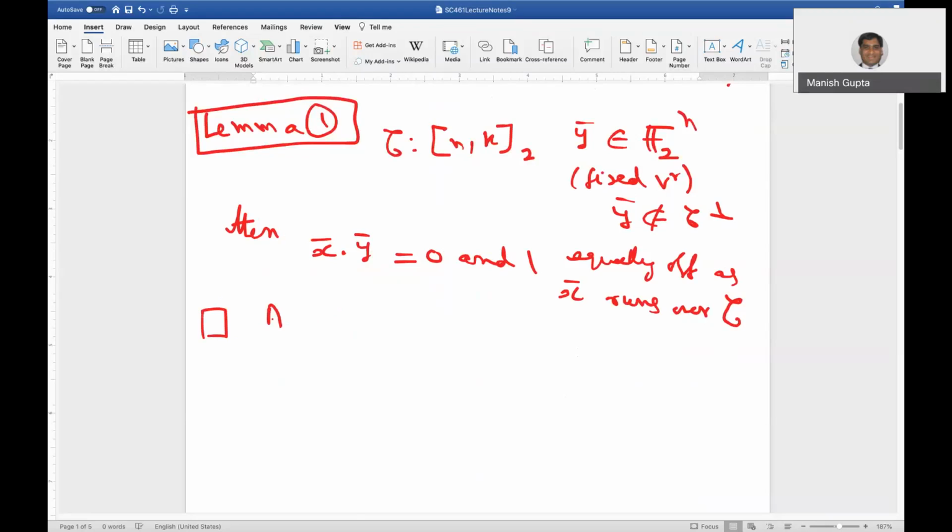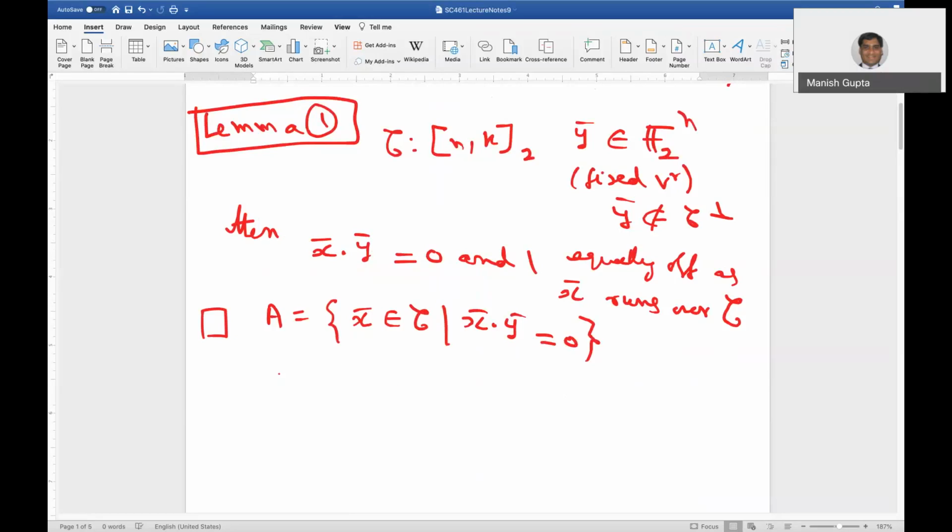Suppose A is our set, all those code words x in C such that inner product of x dot y is 0. Y is fixed. Remember, y is a fixed vector which is not in C perp.